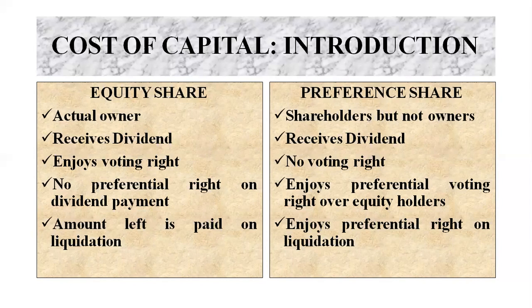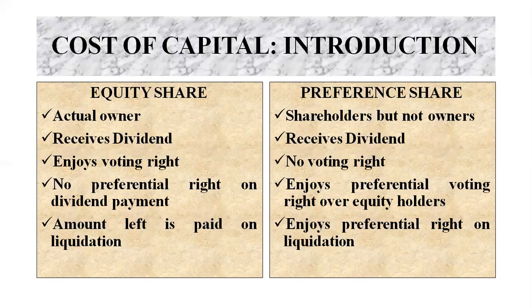Preferred shareholders are in real sense not the owner of the company. The main reason for this is that equity shareholders enjoy voting right, but preferred shareholders have no voting right. They can cast their vote only whenever their interest is affected. So in that sense, they are not the owner of the company.